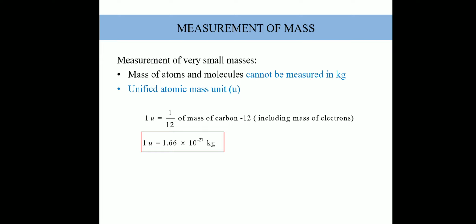Then, like we have measured length using two different methods, we also use methods to measure the mass of an atom. Imagine the mass of an atom is so small that we cannot measure it using our weight balance. If we place it on the balance, it will be like it is not even there.